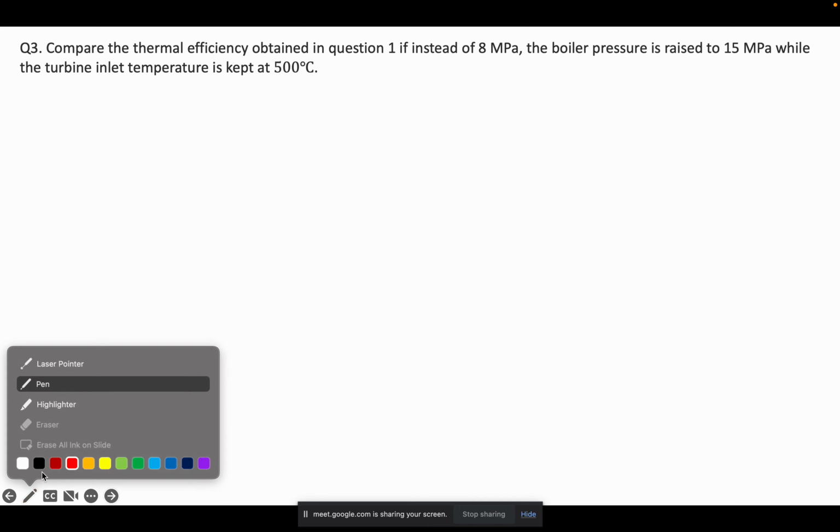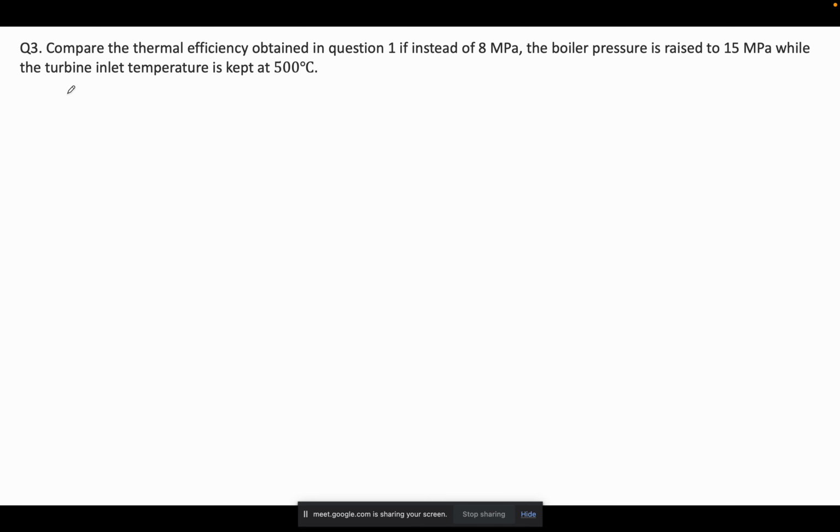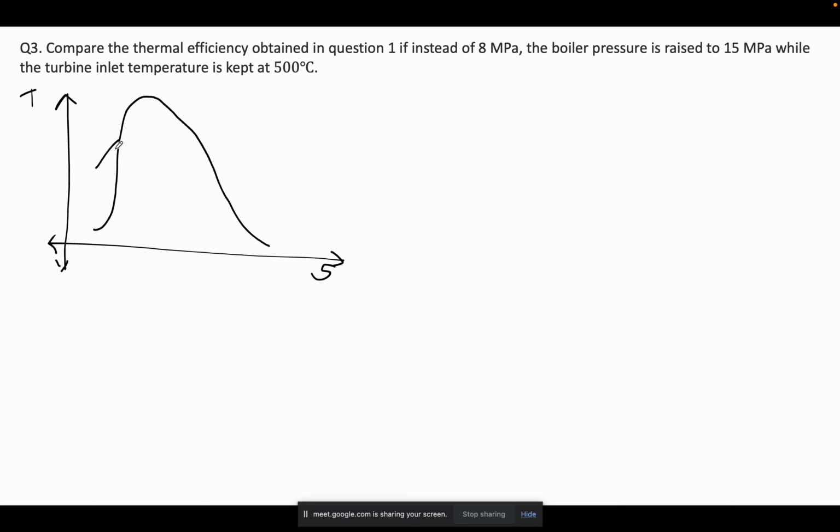Okay, so now instead of 8 megapascal this is 15 megapascal. This is the same 0.016 megapascal. Okay, and this is the state 1.